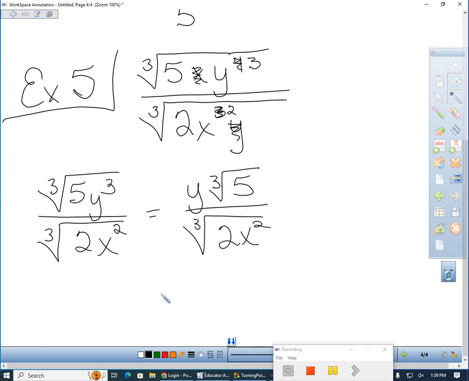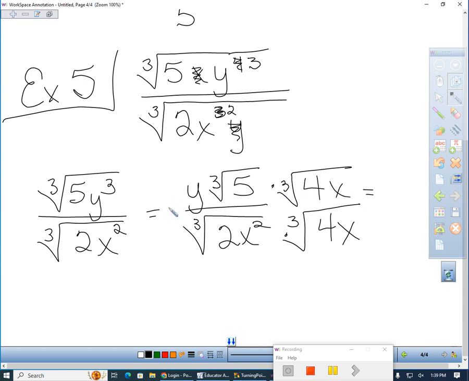Now we rationalize. Okay, so we're going to multiply by the cube root. I have 1, 2. How many more 2's do I need? So 4. And then I have 2 x's. How many more x's do I need? Just 1. Does everybody understand where 4x came from? Yeah. Okay, so whatever I multiply the bottom by, I have to multiply the top by. Cube root of 4x.